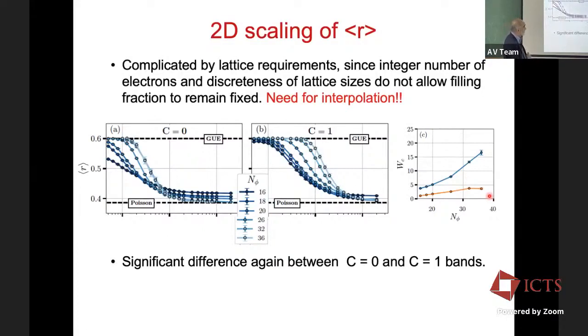very size dependent. And what you again see is the same story, that for the Chern, unfortunately, I think the color coding is wrong, opposite in this case, but this is the Chern 0 band and that's the Chern 1 band as a function of size. And so again, the same story, that it's saying that maybe the Chern 0 band has an MBL, but certainly the Chern 1 band doesn't.